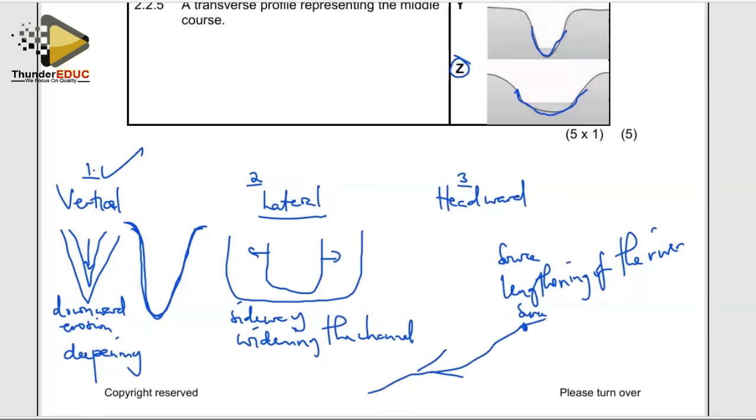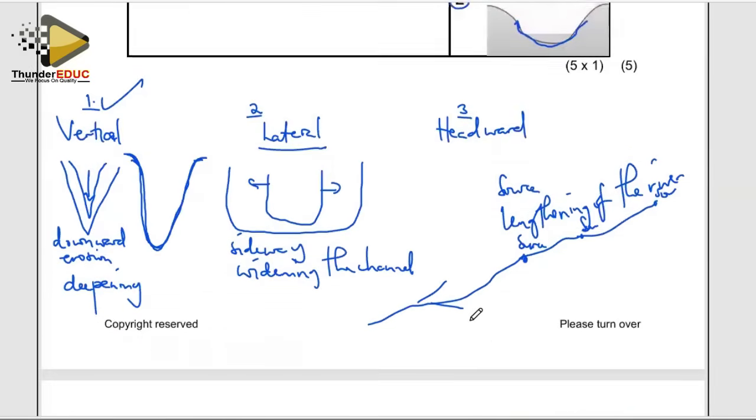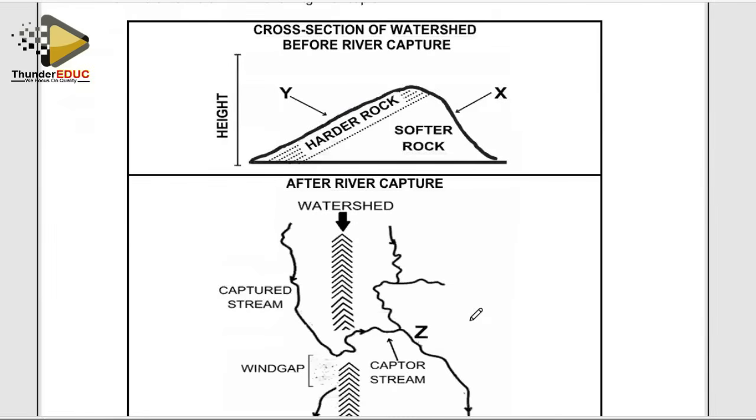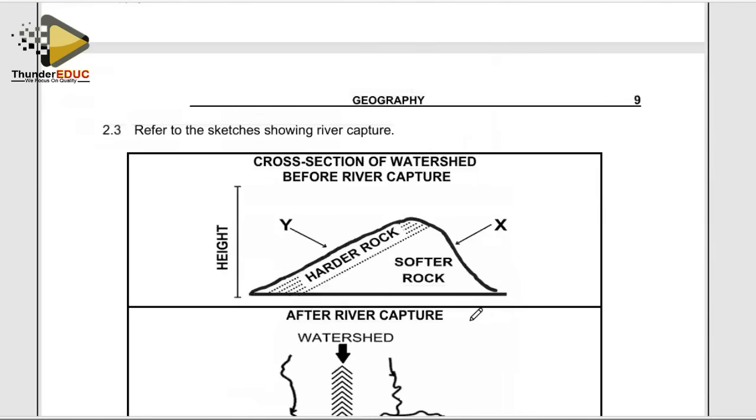But next time, the source is going to migrate. Our source is now there, which means this is an additional distance covered by the river. The next time the source migrates, our source is now there. So this is headward erosion. It's responsible for lengthening the river channel. Right, that's basically the idea of the river erosional processes.